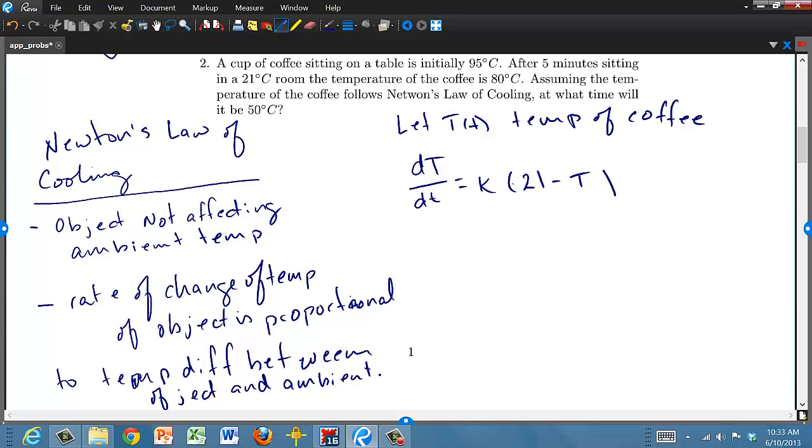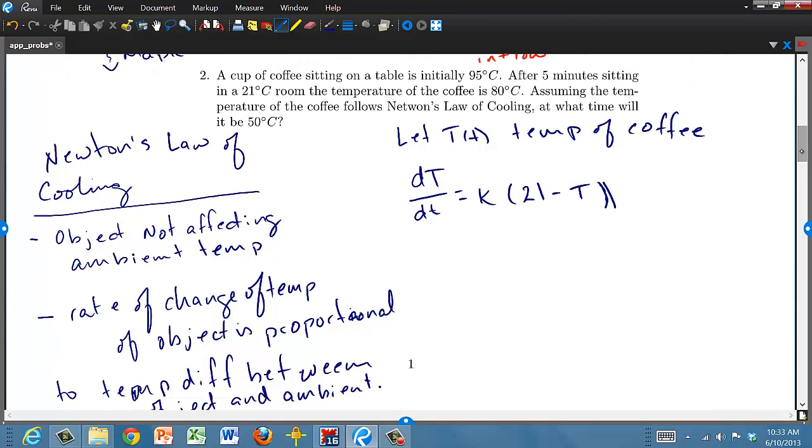So it's some constant times this temperature difference. We don't know what that constant is, and it's not given explicitly. Since that constant isn't given explicitly, all we can do is solve that ODE with the constant in it, and then use the information that we're given to hopefully determine what the constant is.